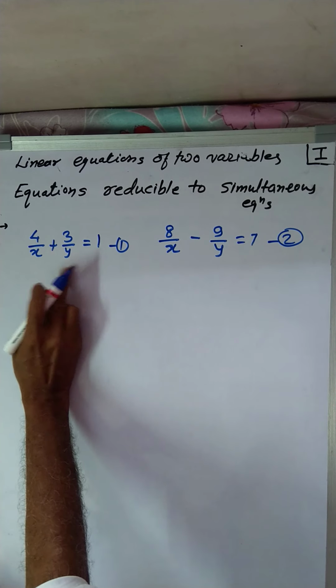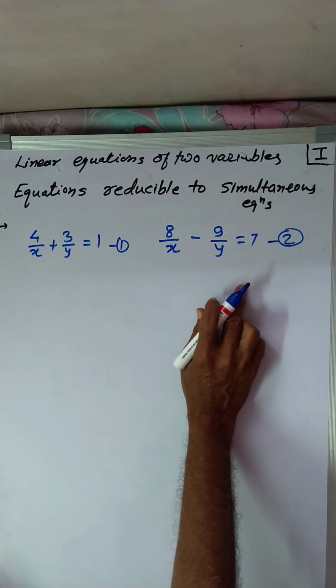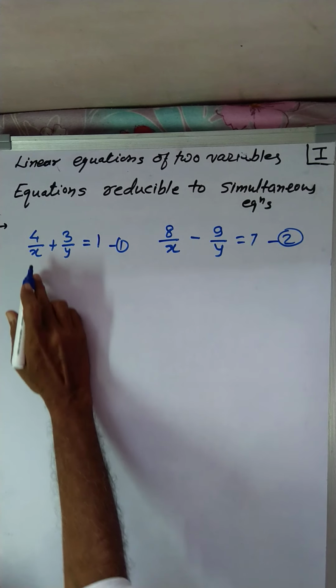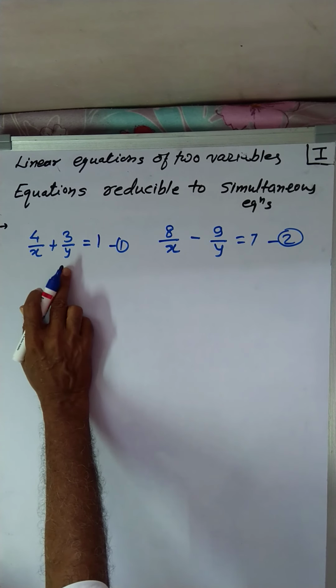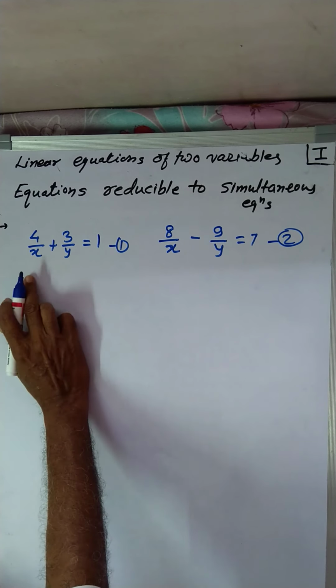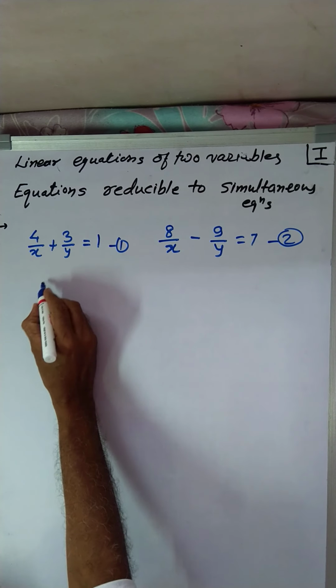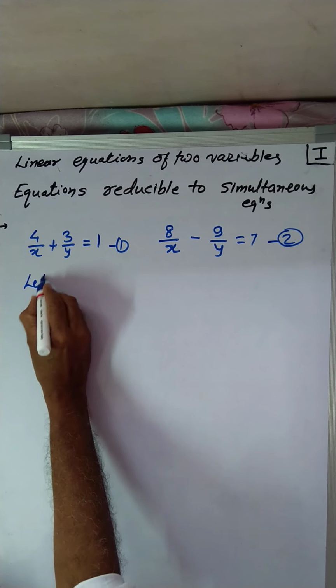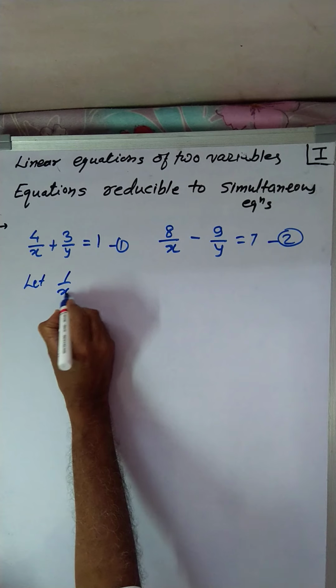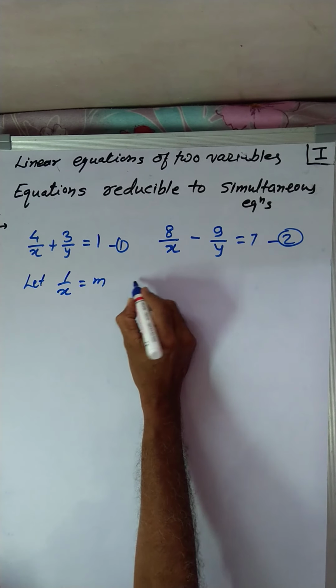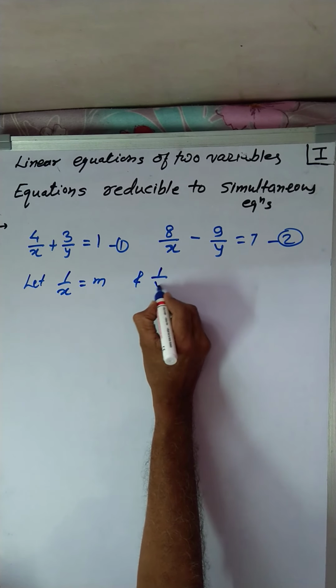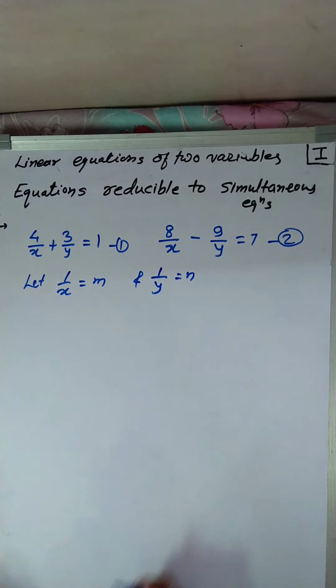These are not linear equations in two variables. First we have to put 1 upon x is equal to a variable. Let 1 upon x is equal to m and 1 upon y is equal to n.